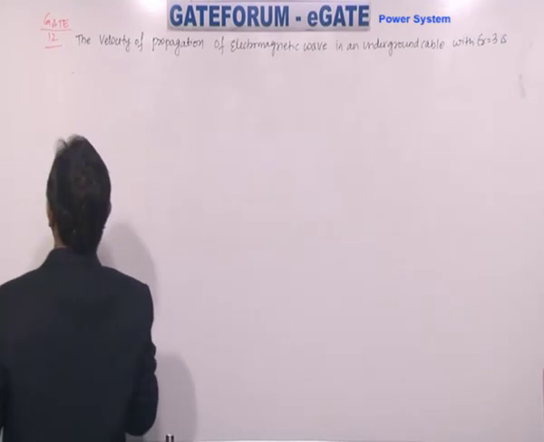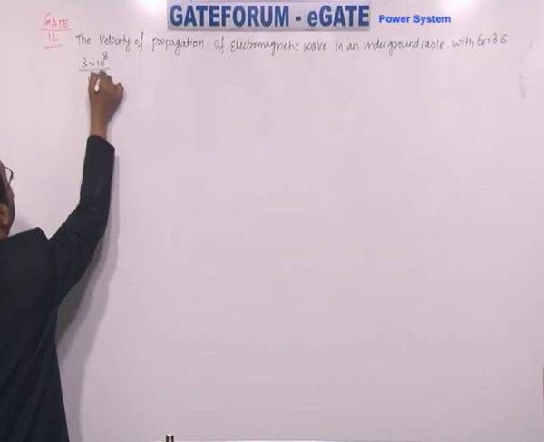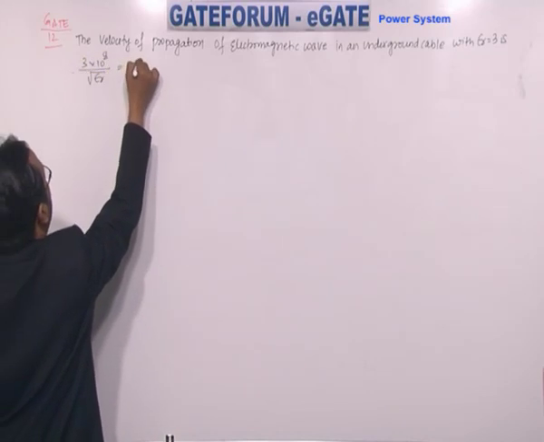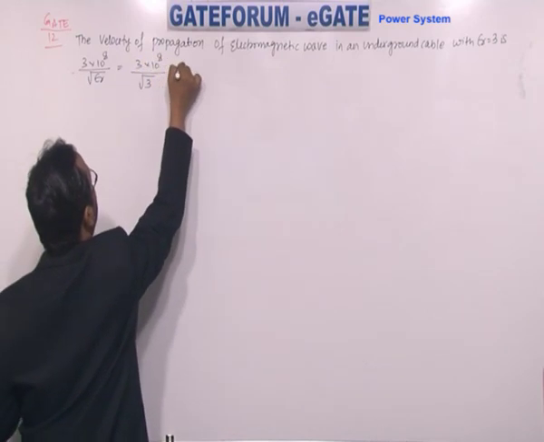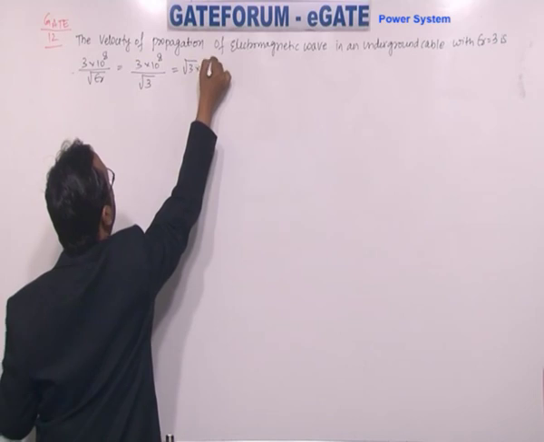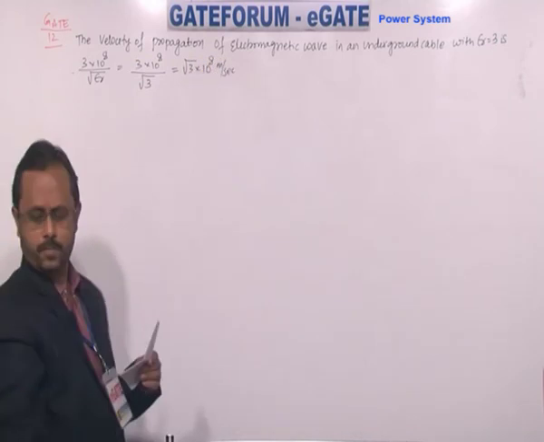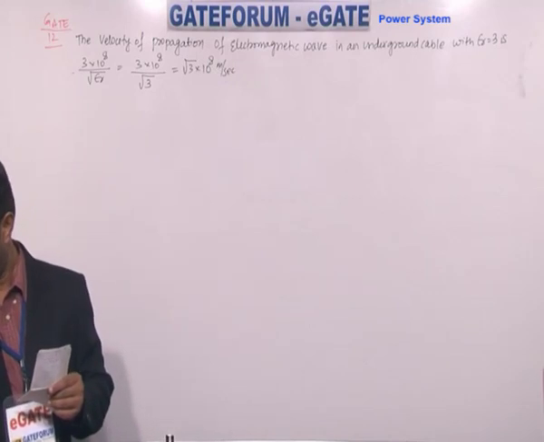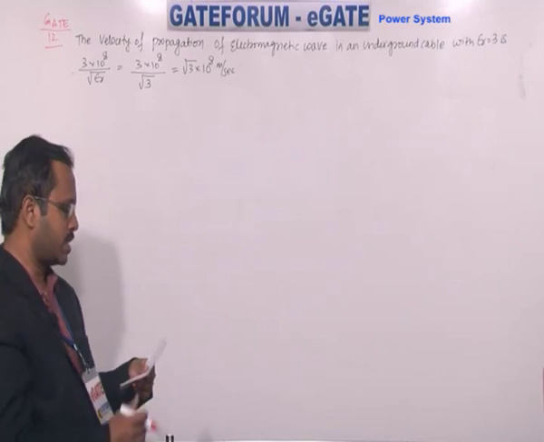So what is the formula? 3 into 10 power 8 by under root epsilon r. Simplifying, you get root 3 into 10 power 8 meters per second.